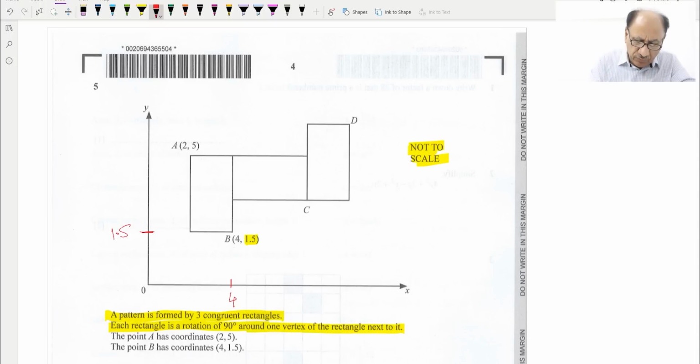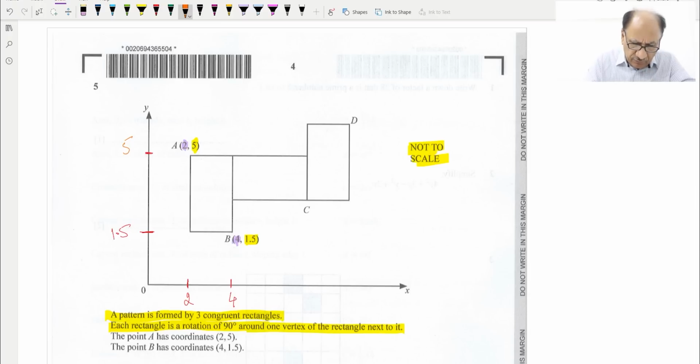The x value is 4 because this x coordinate is 4, and similarly we can see the x coordinate of A is 2, so this point will be 2, and the y value of A is 5, so this height will be 5 on this side.